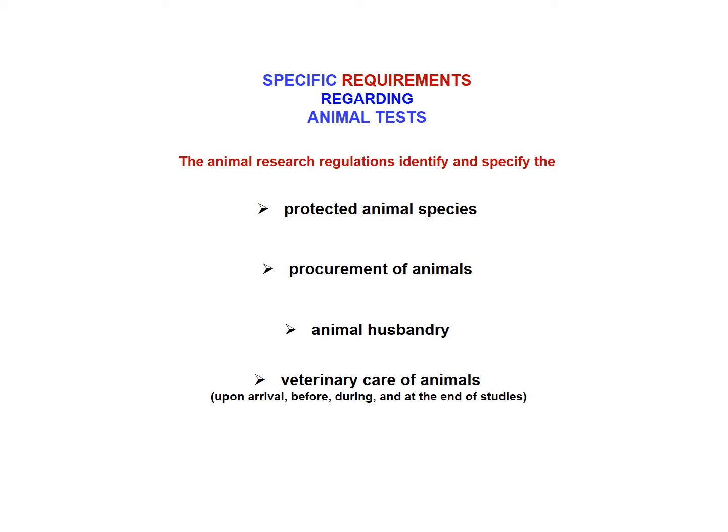Definitely, if the animals are procured from a professional animal farm, the farm assures the researchers that these animals are healthy, but in addition, upon arrival, the resident veterinary physician will examine the animals, and he or she and their assistants will take care of the animals before, during, and at the end of the pertinent study.